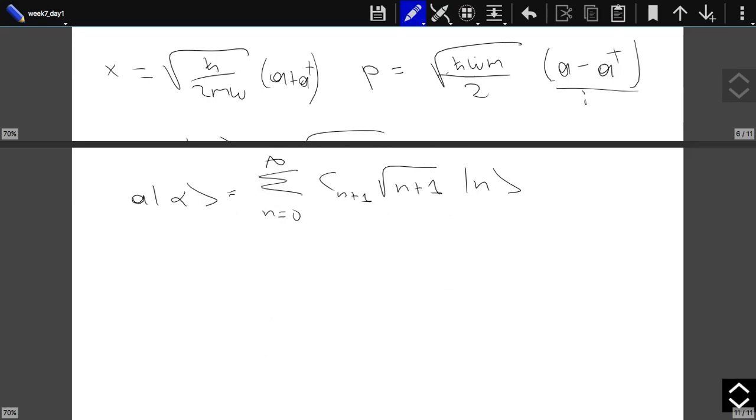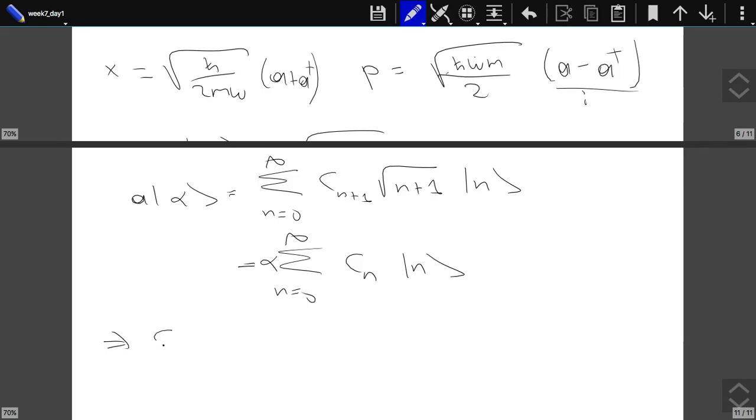But this should be equal to the sum from n equals 0 to infinity of alpha times Cn acting on n. This is the definition of the alpha ket. When I act on the alpha ket by A, I should get the same alpha ket multiplied by alpha.